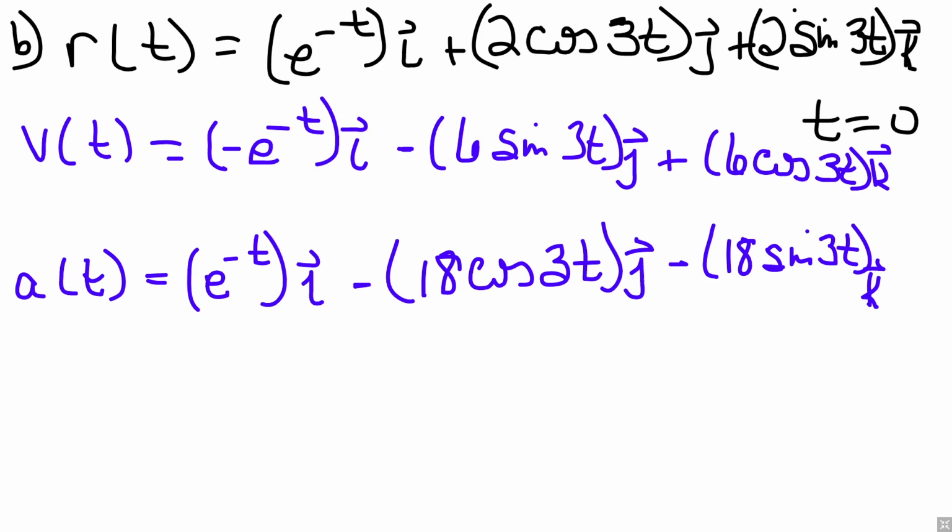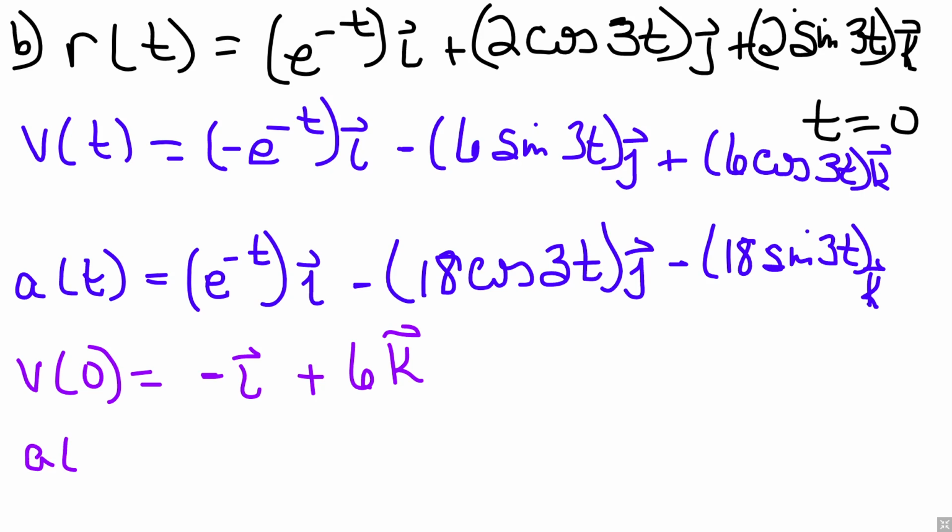Okay, so let me find each of those vectors at time 0. The velocity vector at 0 is going to give me -1 in the i direction, sine 0 is 0, so there's no j component, but there is a k component, and it has a coefficient of 6.